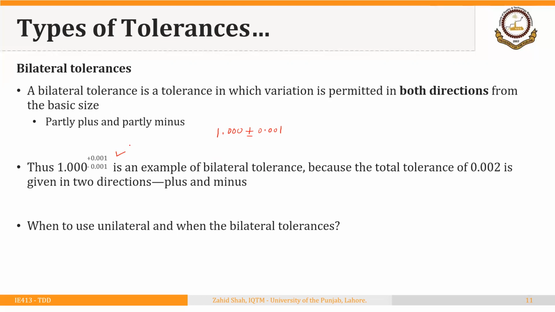So it is an example of bilateral tolerance because the total tolerance is 0.002 and it is given in both directions from the basic size, that is in plus direction as well as in minus direction. Now the basic question, and this is the central question to the design of fits, gauges, and many other mating parts, is when to use unilateral and when to use bilateral tolerances.